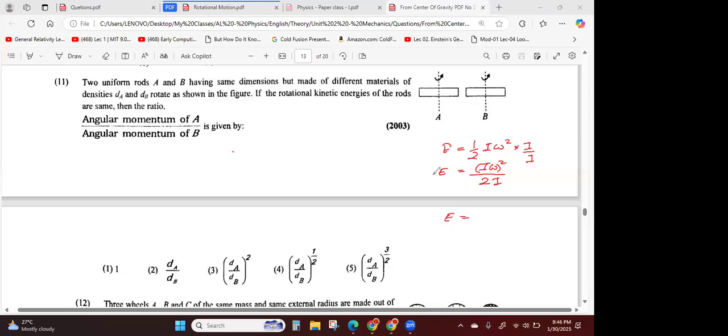Now I omega is the angular momentum, so E equals L squared over 2I. Hereafter you should know this relation.